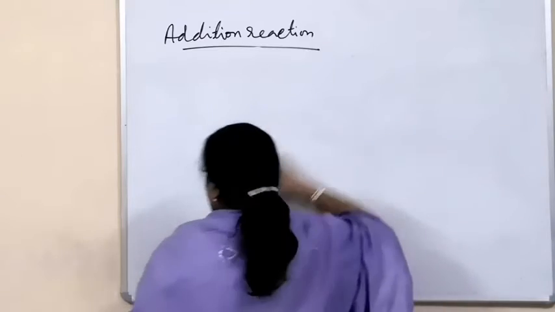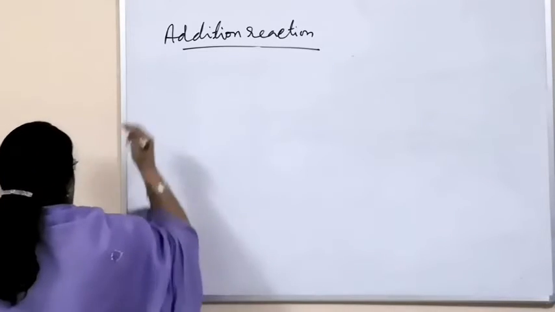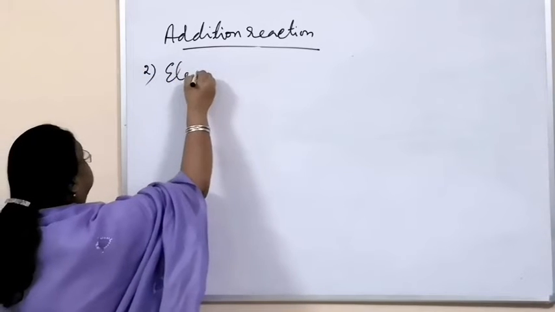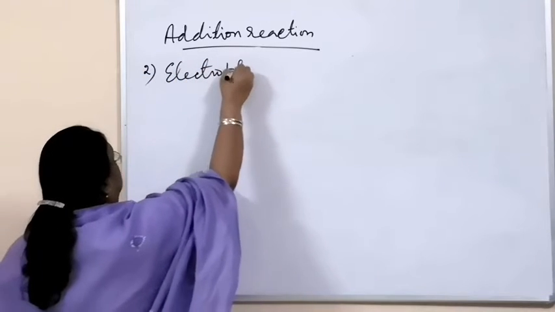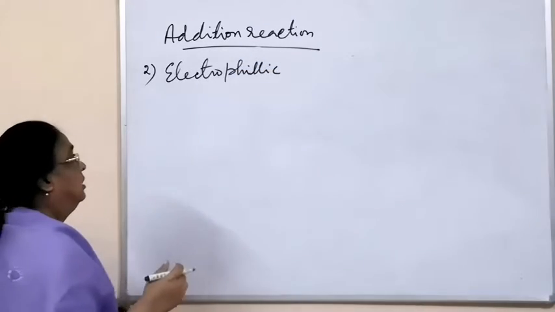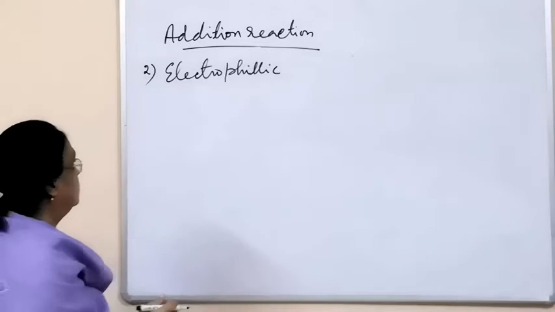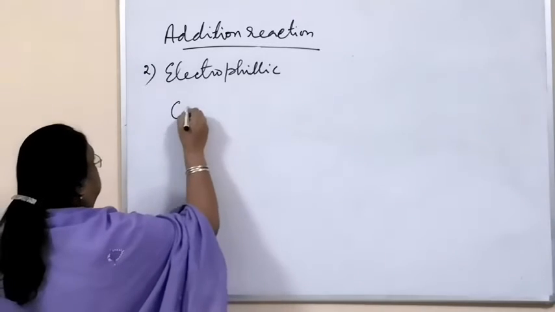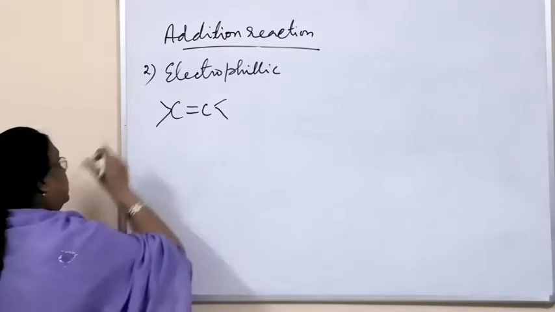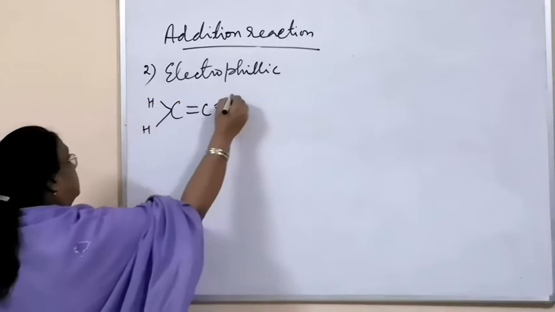Now the second kind of addition reaction is electrophilic addition reaction. This is shown by those unsaturated compounds which have a multiple bond between similar atoms. This is an example of an alkene.